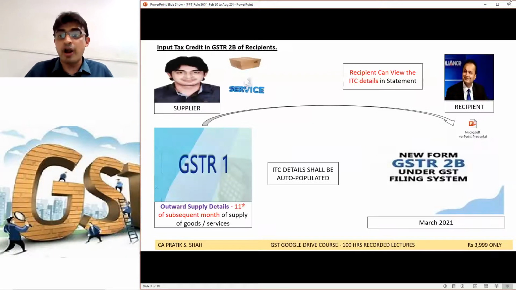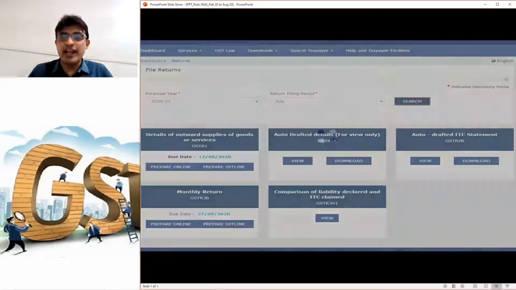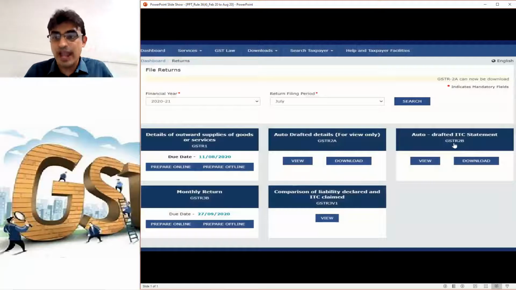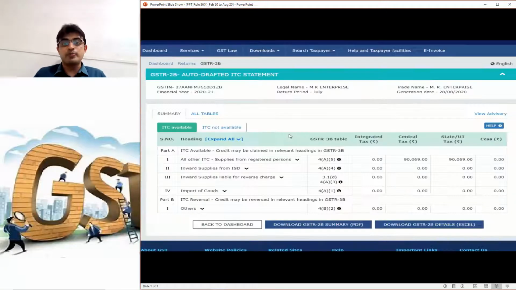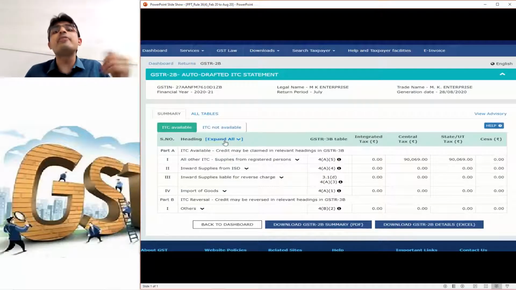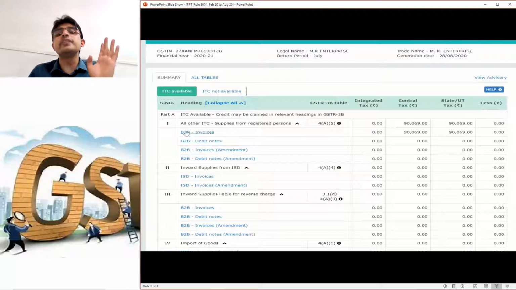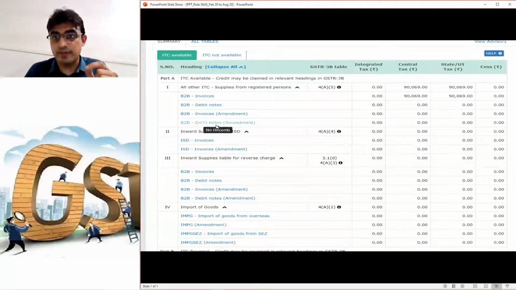See this. This is what? GSTR2B. See this. Say Anil sir is opening his GSTR2B for the month of July. See this. This is GSTR2B. Now, whosoever the buyer has purchased goods or services from whosoever supplier, all the supplier details, he can see this in 2B. See this, B2B invoices.